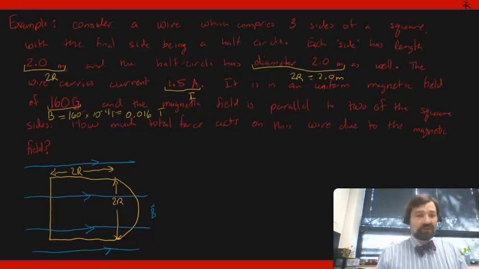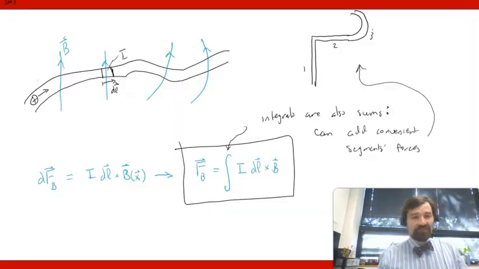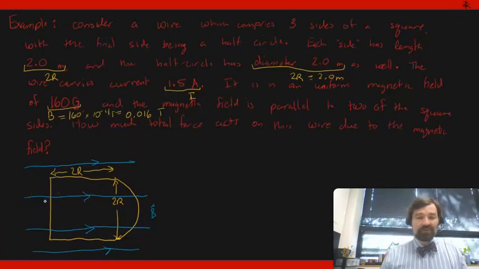Now we're going to make use of both the equation that I've written here as well as this idea that integrals are also sums. I'm going to break this up into 4 segments. So I'm going to call this segment 1, segment 2, segment 3, and segment 4.